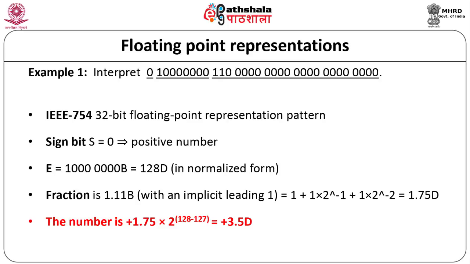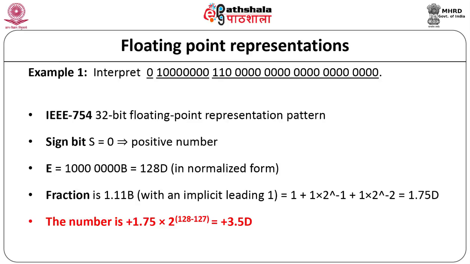Interpret the given number, which is a bigger number. Here IEEE 754 indicates it is a 32-bit floating point representation pattern. Sign bit S is equal to 0, which is a positive number. E is equal to 10000000, that is 128 decimal.